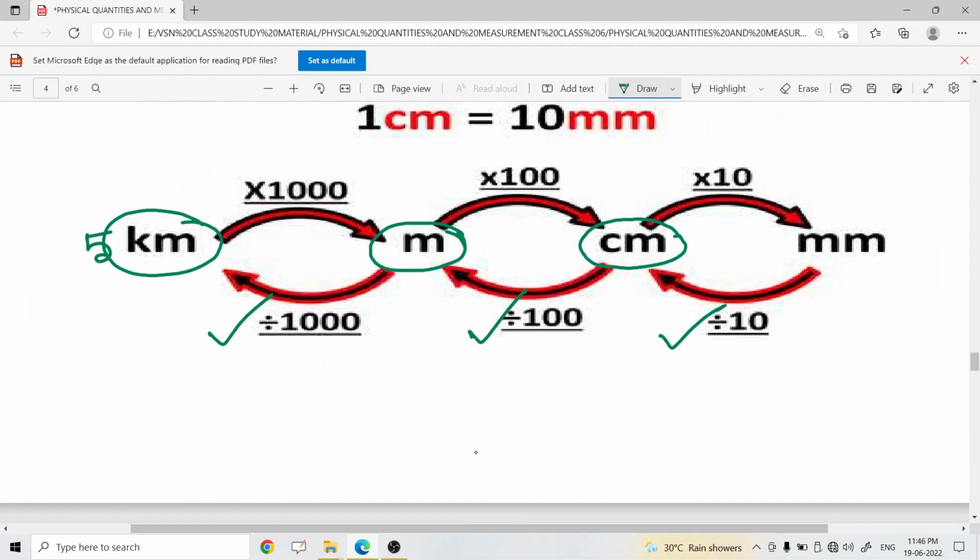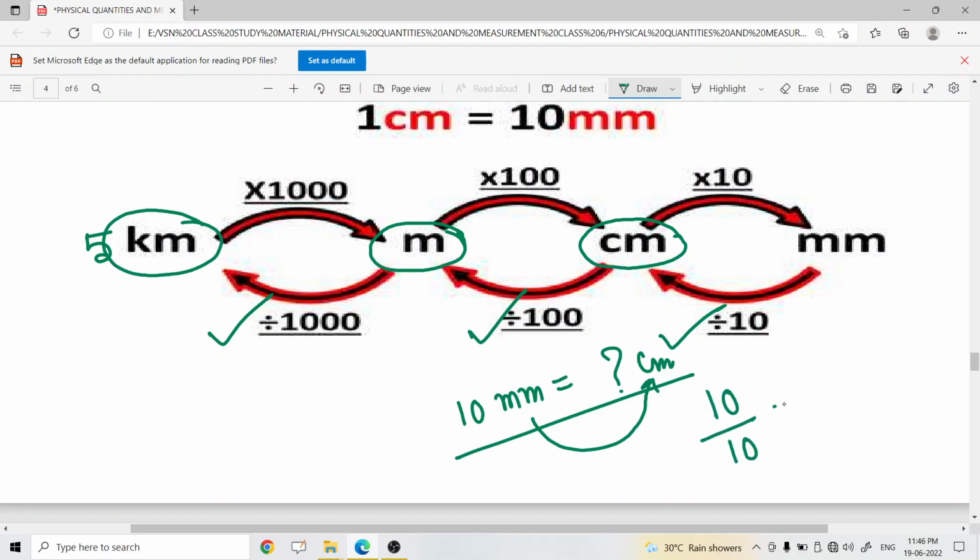Suppose 10 millimeter is equal to how many centimeter? Millimeter to centimeter means divide by 10, so 10 divided by 10, the answer is 1 centimeter.